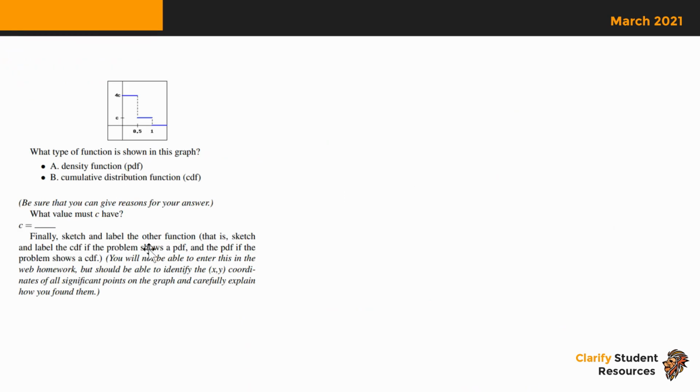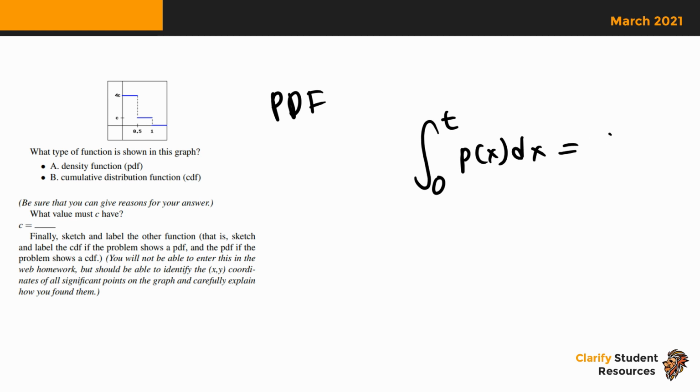All right, so for this question, question 12, there's 2 parts. It says, what type of function is shown in this graph? Is it a PDF or CDF? And the answer is a PDF, because a CDF is always increasing, right? So remember that when you integrate a PDF from 0 to t, let's say p of x dx, this is basically going to be our CDF, cumulative distribution function, of t.